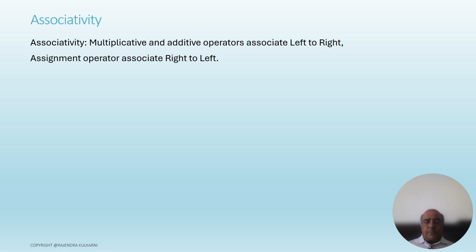That means the value to the right of the assignment operator will be assigned to a variable on its left. From right, the value to the right of the equal to sign will be assigned to the variable on the left of the assignment or equal to sign.